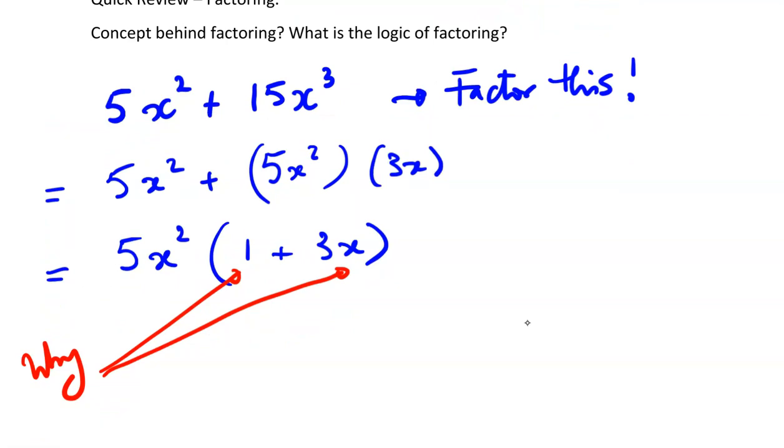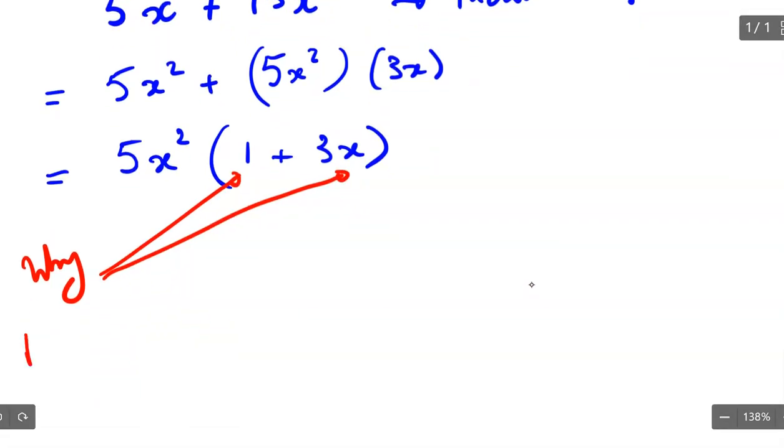I want to emphasize the word logic here. Logic means that whatever you do in mathematics to an expression, if you divide, then you have to multiply, and if you multiply, then you have to divide, because you don't want to change the expression. So you take 5x squared and multiply it with this whole expression. I'll explain why.